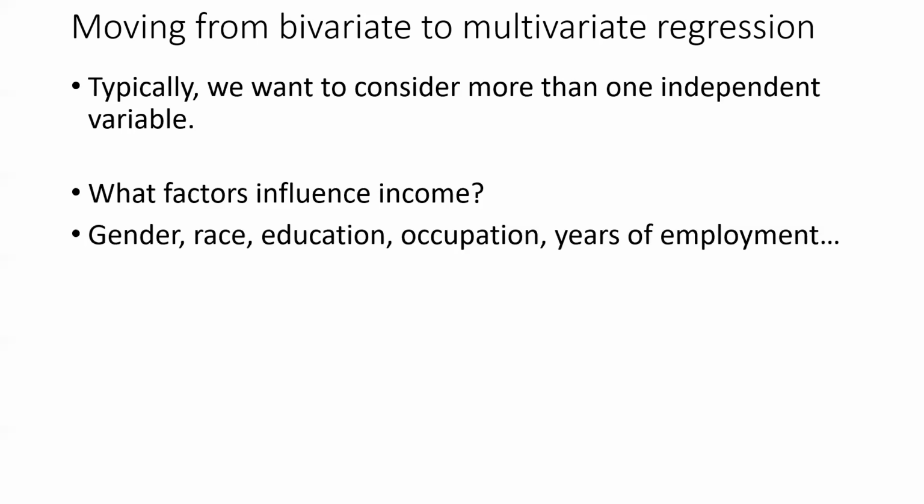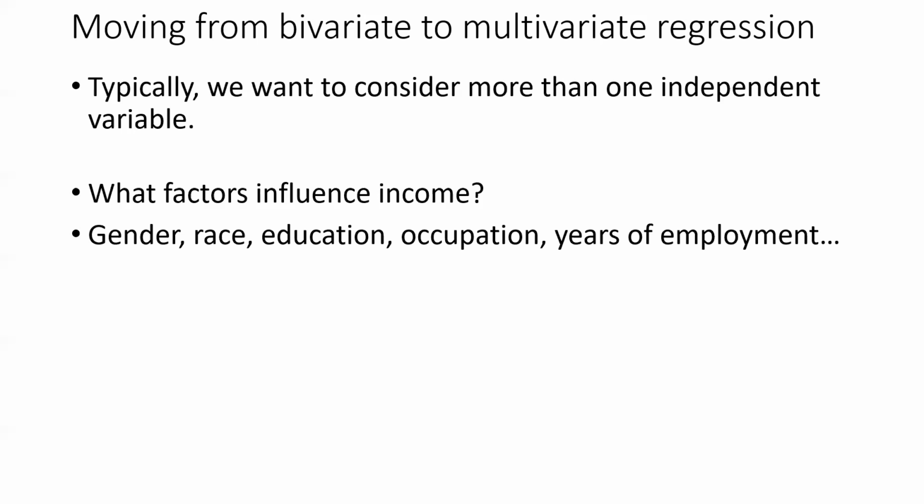For example, if we want to talk about income as our dependent variable, there are several factors that influence how much money someone makes. Things like gender, race, education, occupation, years of employment. All of these things influence someone's income.